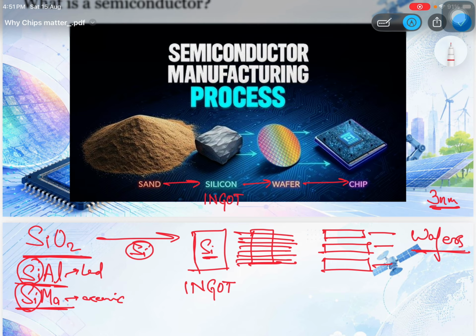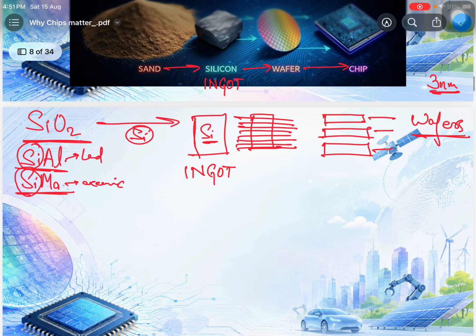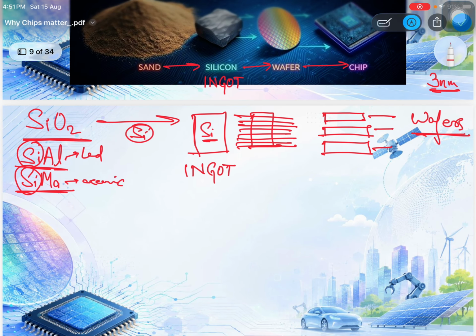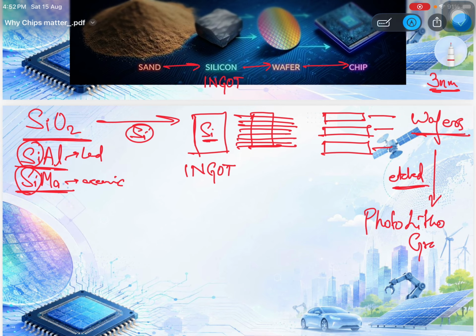So these things are called wafers, and then there is a process, again a very technical term, but you must be knowing this. This wafer is getting etched by light, you can say a laser light, and this process is called photolithography.